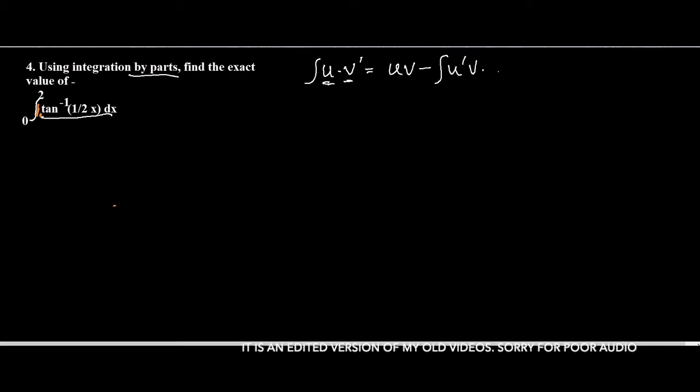Now, which one is u, which one is v? So, we select v and u according to L-I-A-T-E. This is the sequence in which we should select u. Okay, u is the one that is going to be differentiated. See, can you see it is u here and by parts, so we need u prime later on.